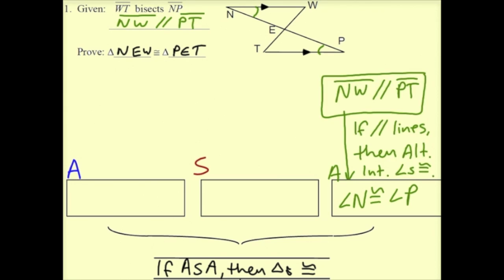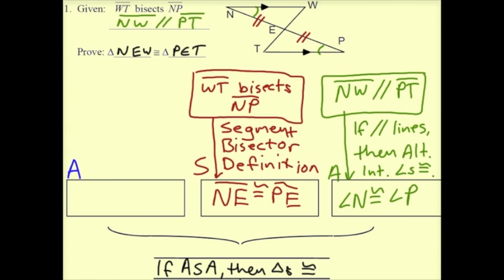Next, we need to talk about the segments that we had congruent. We knew that NE and PE were congruent. And that came from the fact that WT bisects NP. And then finally, we had our vertical angles. And those come from the fact that we have intersecting lines because of the way that this particular figure is drawn.